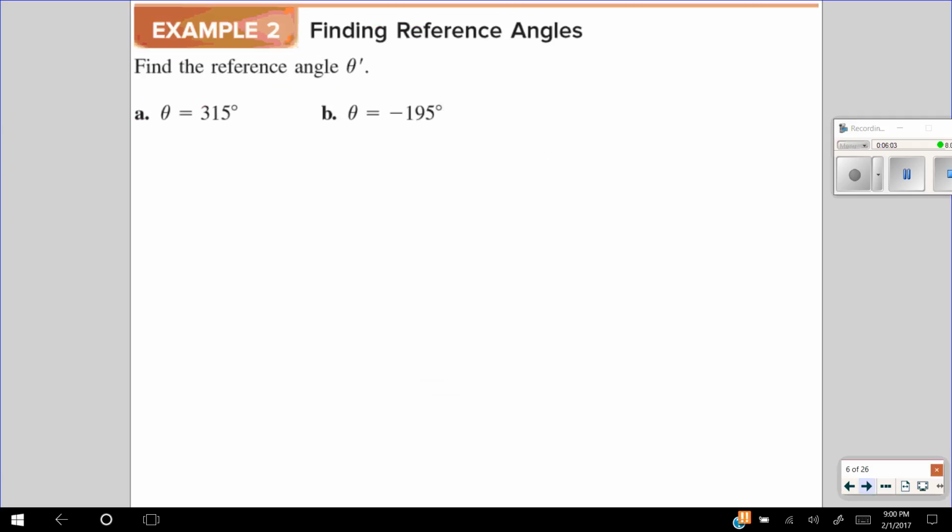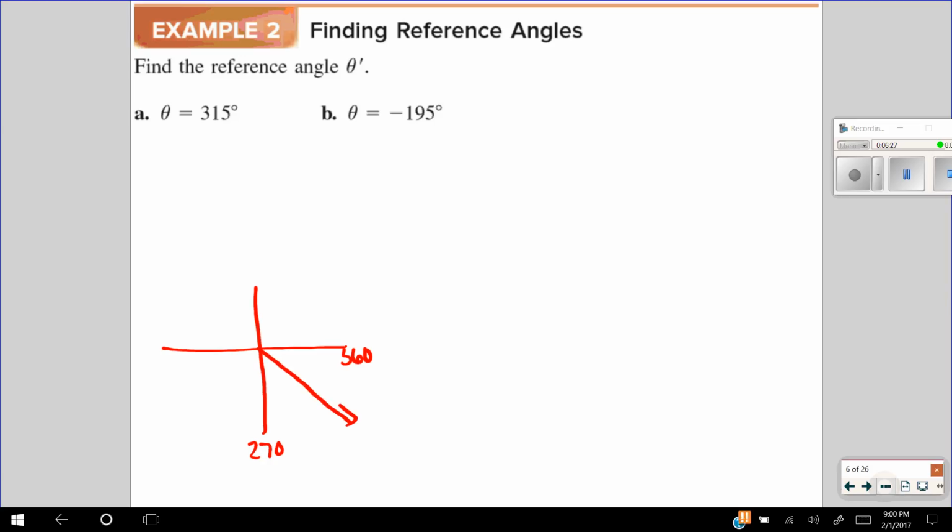So here's our first example. It says find the reference angle theta prime. So for a 315-degree angle, I'm just going to make a little sketch here. 315 degrees falls past 270, right? And before 360, so right in here.